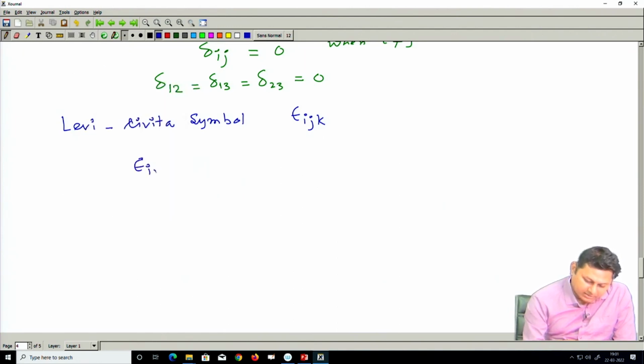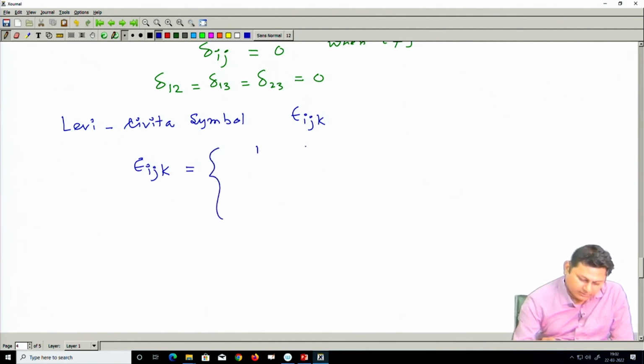epsilon_ijk should be equal to 1 when ijk, which can take values like 1 2 3 or x y z, are in a certain order.